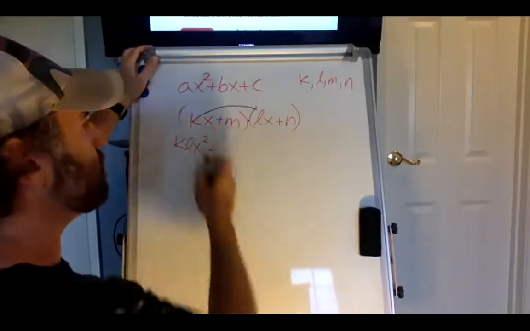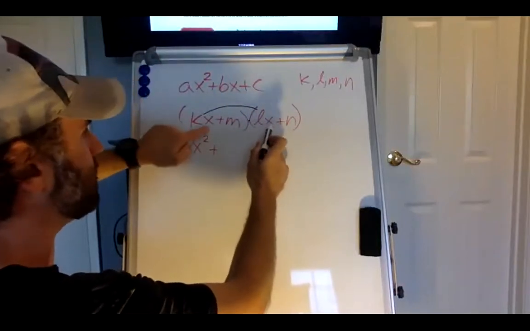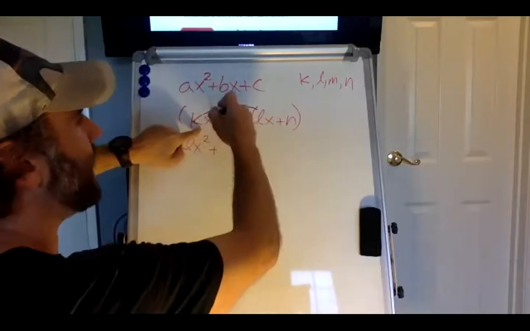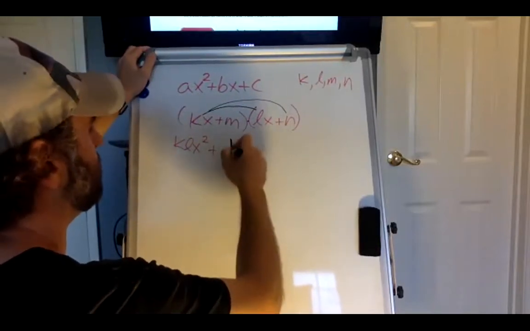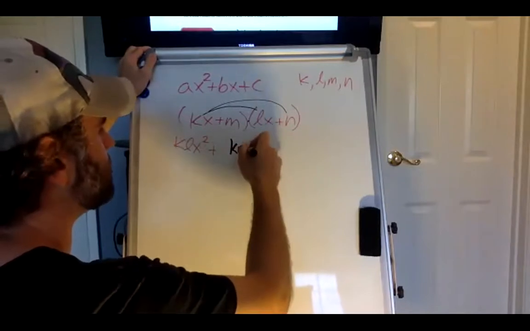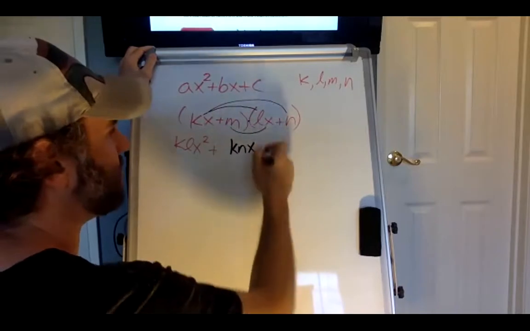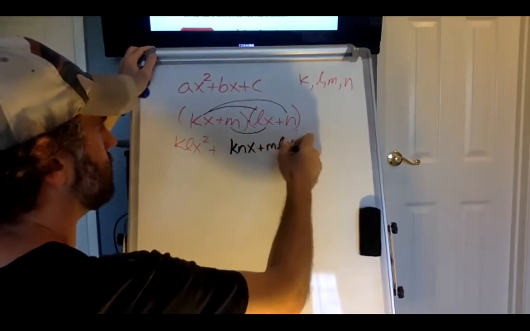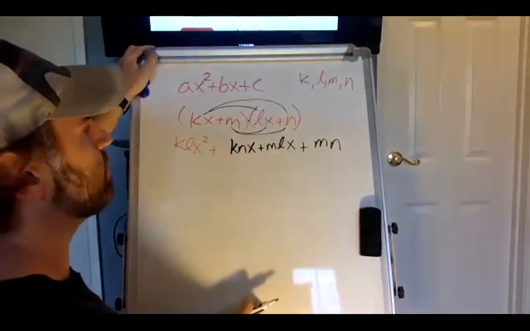When you do this, you get kx times lx is klx squared. Be careful here. kx times n is knx. And then here you have mlx, and then you have mn, just like we had in the other one.